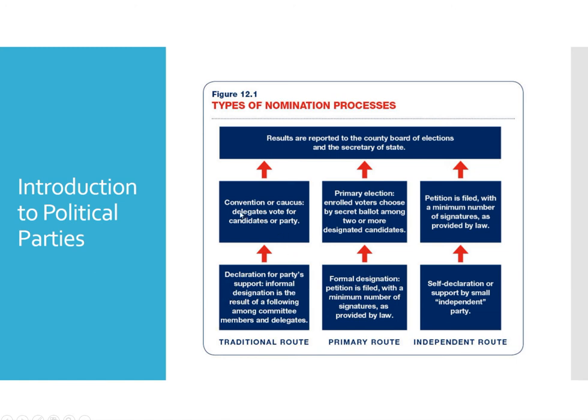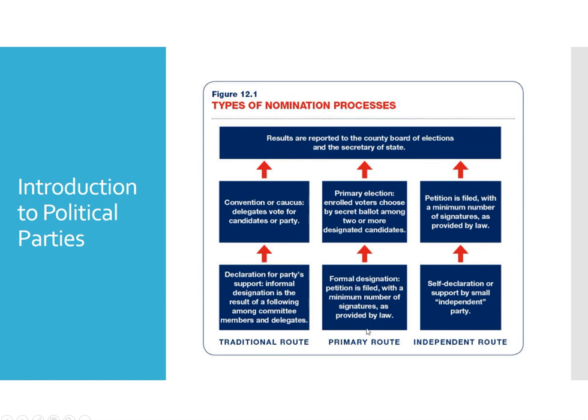Then you come to the convention or caucus and delegates vote for candidates or the party. This is where you go out and convince the party delegates that you want to be nominated and win the nomination for the party.